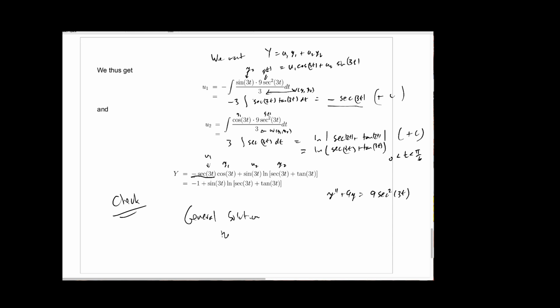The general solution is y equals our particular solution, minus 1 plus sine of 3t times natural log of secant 3t plus tangent 3t, plus c1 times cosine 3t plus c2 times sine of 3t. Just running out of space there. And that's the full general solution to this differential equation. Looks like a big mess, but it really works out quite beautifully.